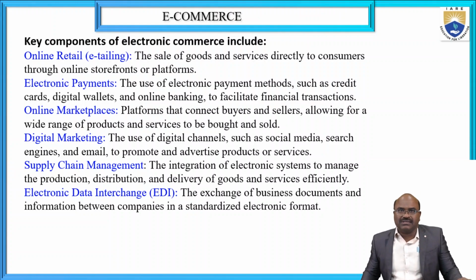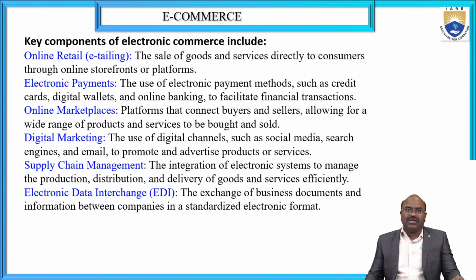The second point is electronic payment. After selecting a good, financial digital transactions are required, and we can choose any electronic payment. This is the use of electronic payment methods, such as credit cards, digital wallets, and online banking to facilitate financial transactions.